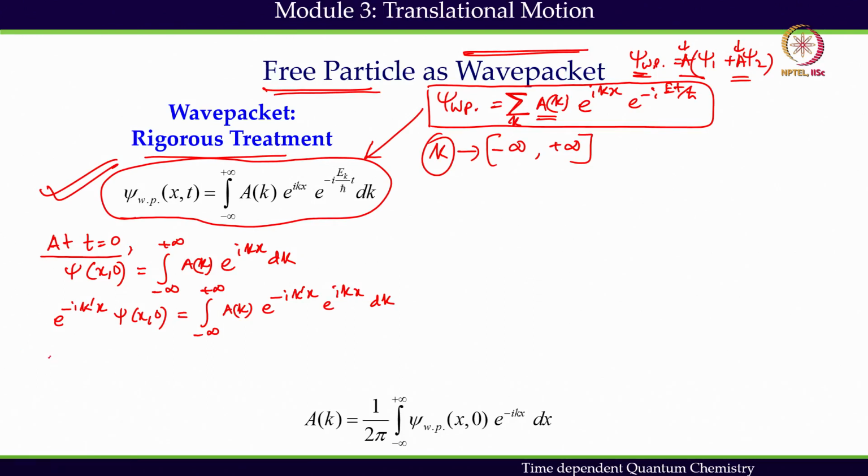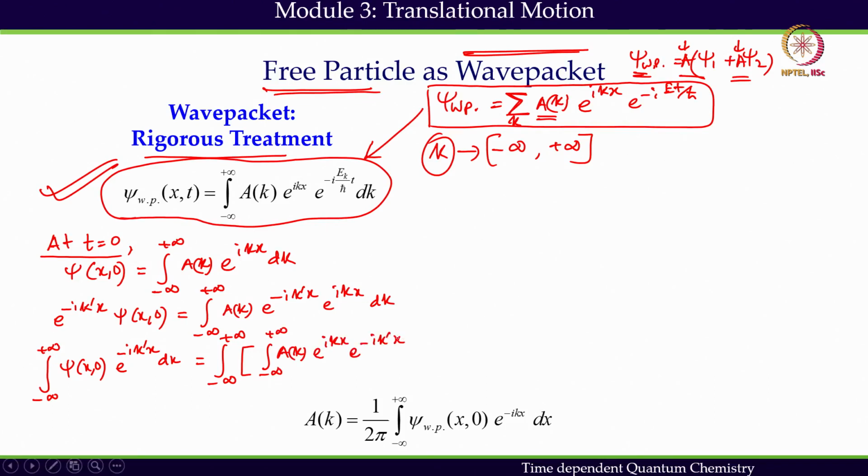So, if I do that, what will happen? Minus infinity to plus infinity psi x 0 e to the power minus I k dash x dx equals minus infinity to plus infinity a k e to the power I k x e to the power minus I k dash x dk then dx.